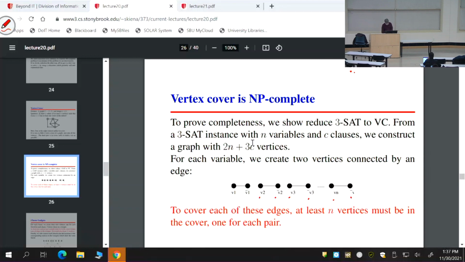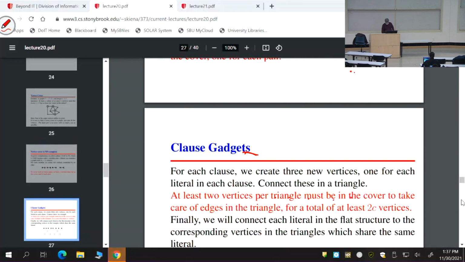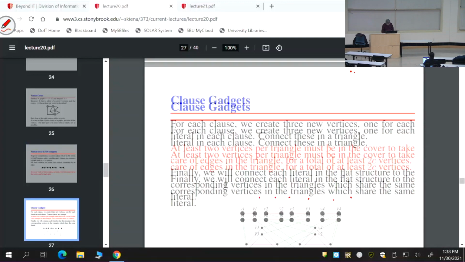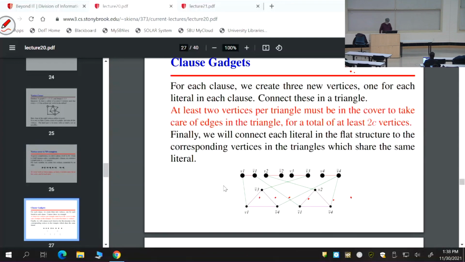I also want to add another 3 times the number of clauses vertices. How am I going to do that? Well, what if I, for every clause, create a triangle? And it looks like I didn't do a good job making it visible up there. Boom. That's probably better. Okay?